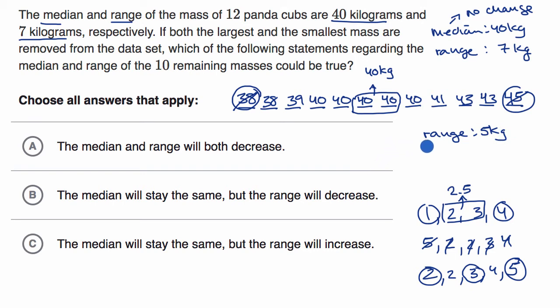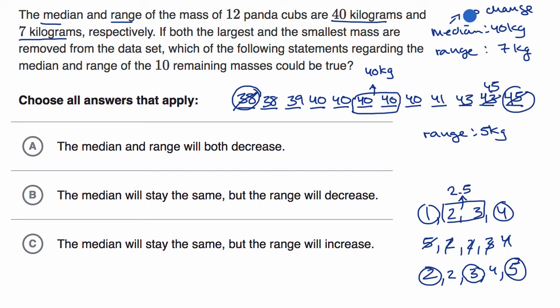Now, that doesn't always have to be the case. It definitely can be true that the range goes down, but you could have a situation where this was also a 45, in which case the range wouldn't change. But it's definitely possible for the range to go down. It's actually impossible for you to construct numbers where the median changes at all.